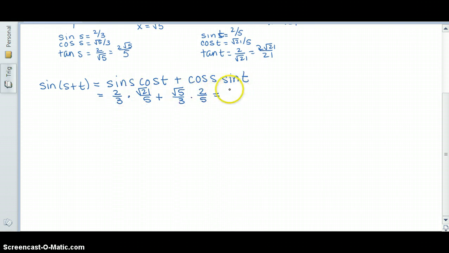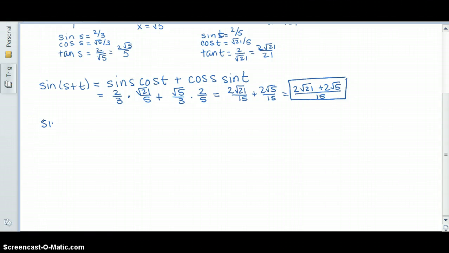So that's going to equal 2 root 21 over 15 plus 2 root 5 over 15, which gives us 2 root 21 plus 2 root 5 all over 15.